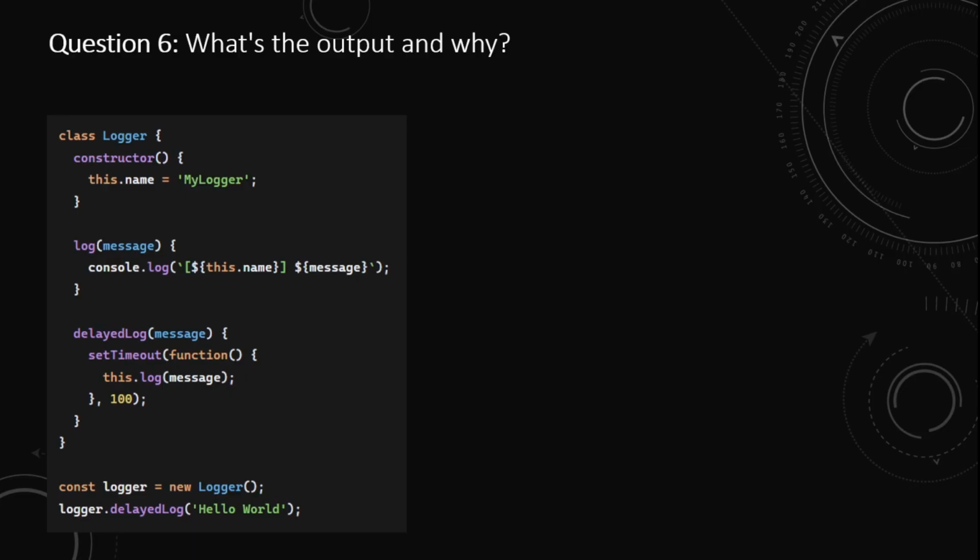In this question, we have to find out the this binding, that is, with whom the this would actually be bound, and what will actually get printed when this log is executed.